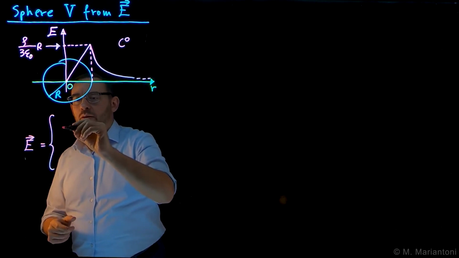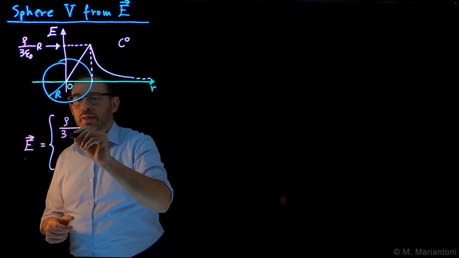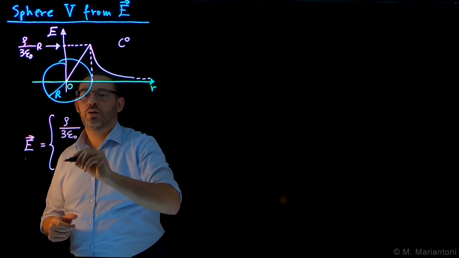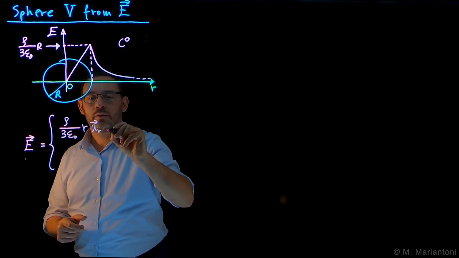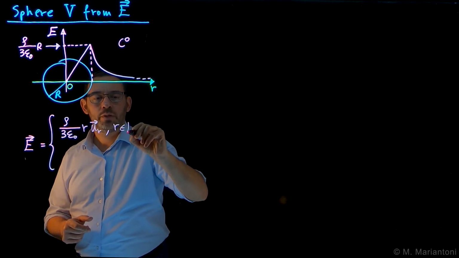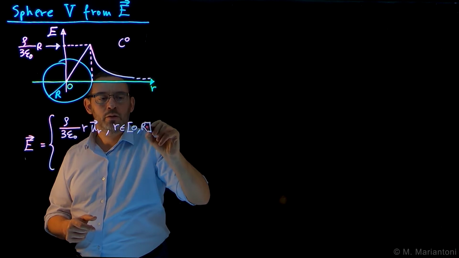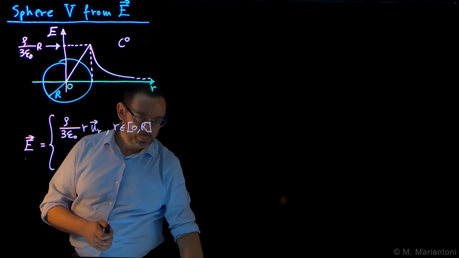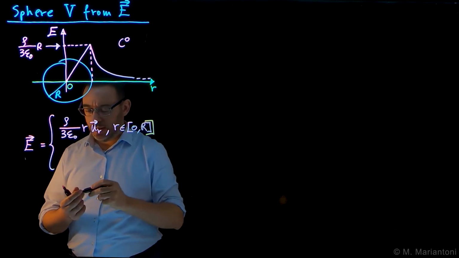Inside is linear, and it goes as ρ divided by 3 times epsilon naught R UR. This is the field for R from 0 all the way to capital R. Note that we can already, because we know that it's continuous, include capital R in this case.